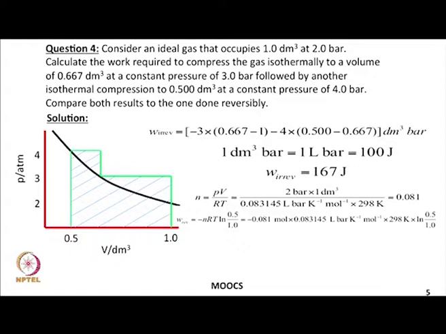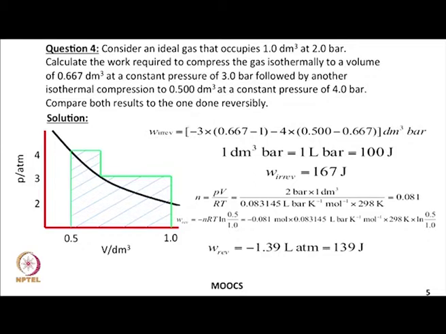So, you use this information and use PV is equal to nRT to get the value of n, which turns out to be 0.081. And then when you substitute into W is equal to minus nRT log V final over V initial, the number that you get is 139 joules.